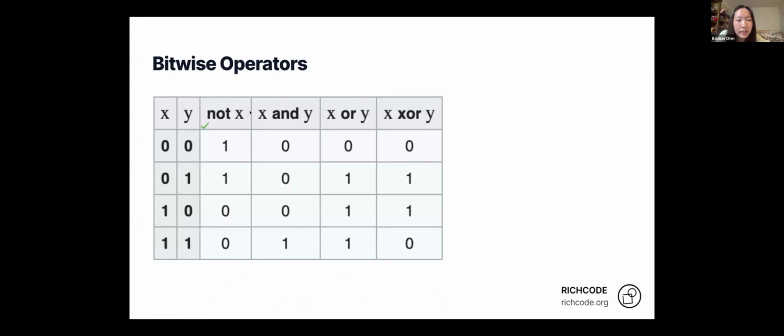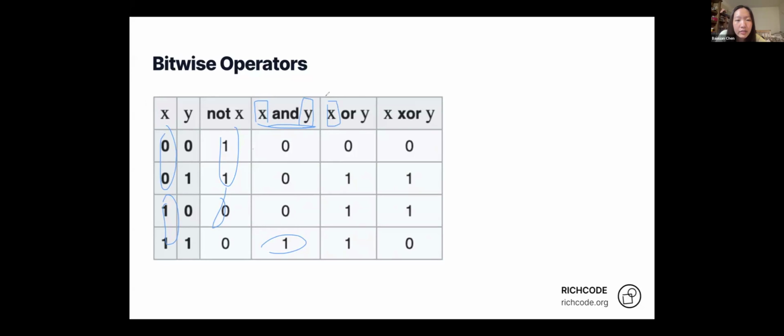So if you get not X, then if X is 0, then it's just the opposite, which is 1. Then not 1 is 0. And then X and Y is just if both are 1, then it returns true. Otherwise, it will always return 0. So the only case that it returns 1 is when both of them are 1.